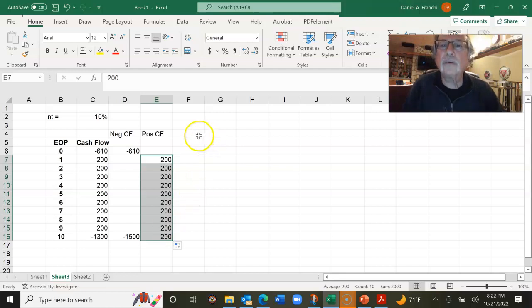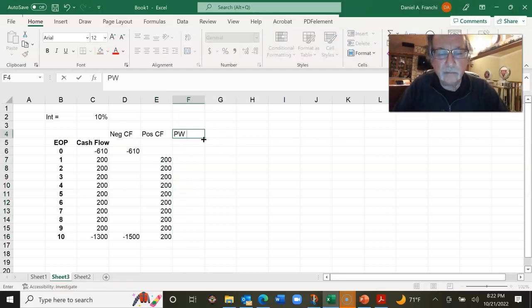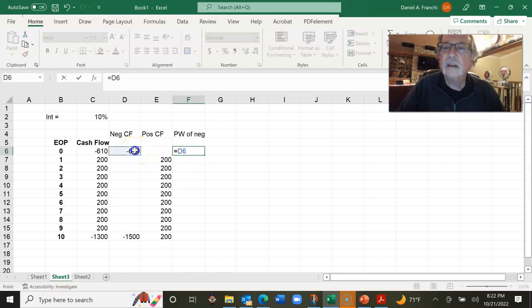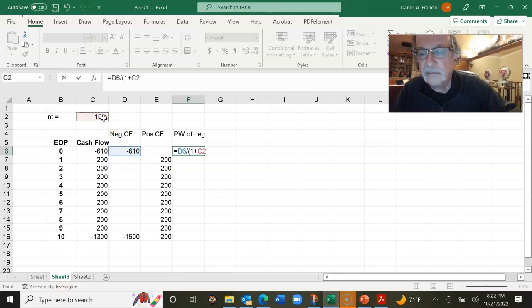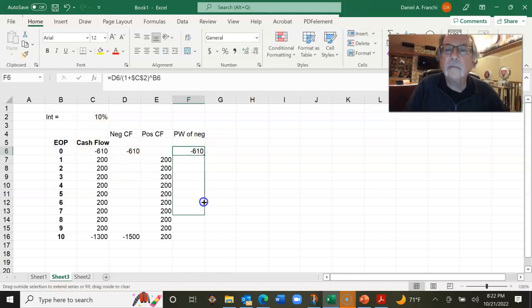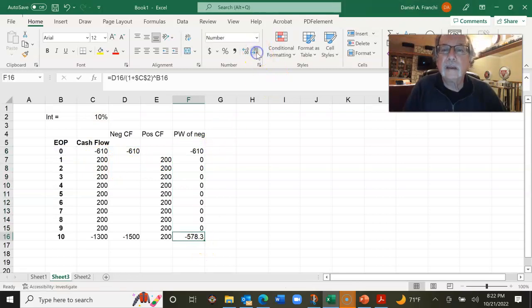Okay, so the present worth of the negative cash flows is going to be this divided by 1 plus the interest rate raised to that exponent. So the present worth of 1,500 at 10% is this.